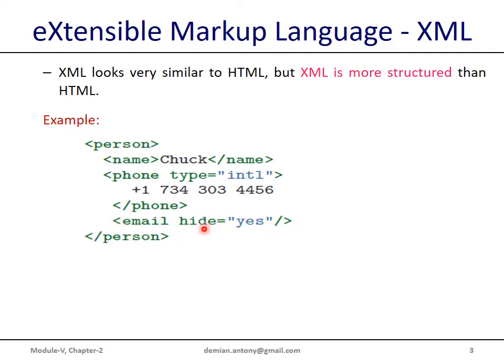Email has no text within the element but has one attribute called hide with value s. This is a simple XML having one root element and three child elements, namely name, phone and email.